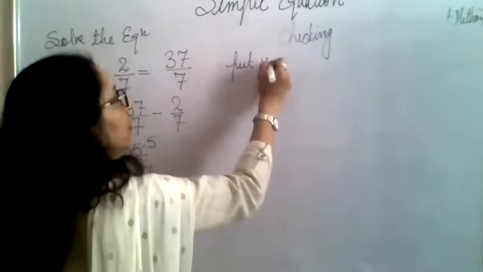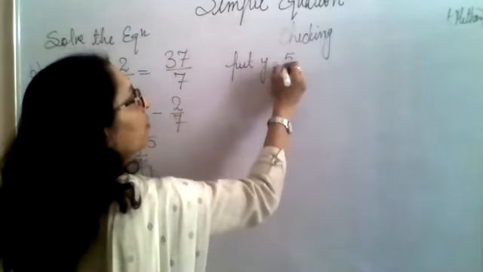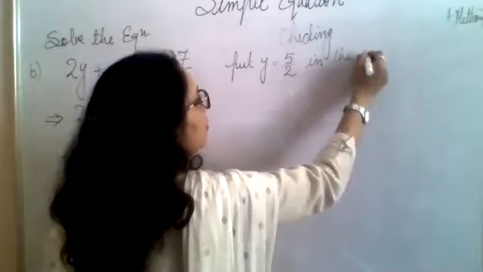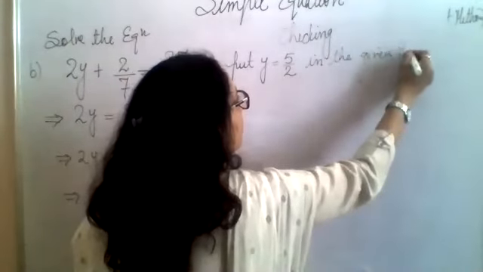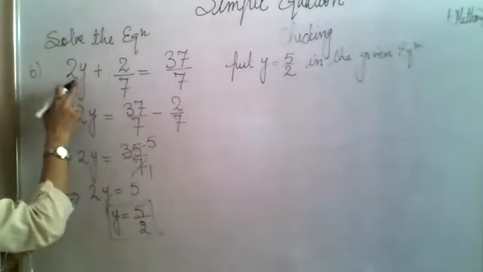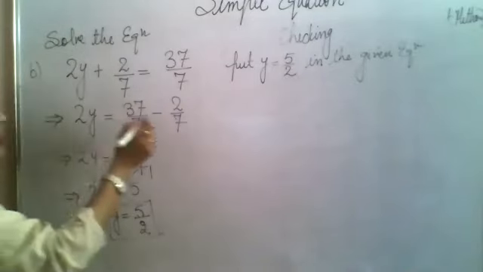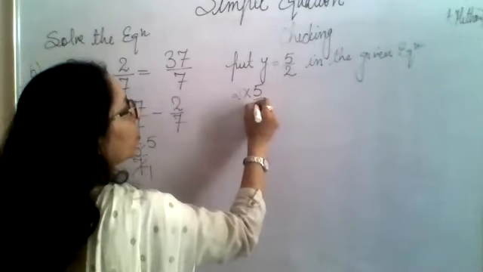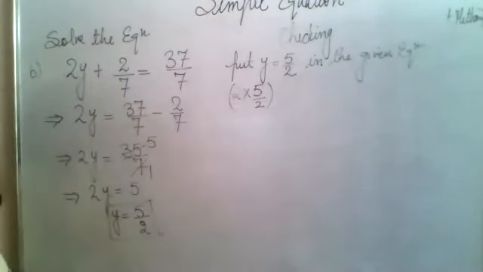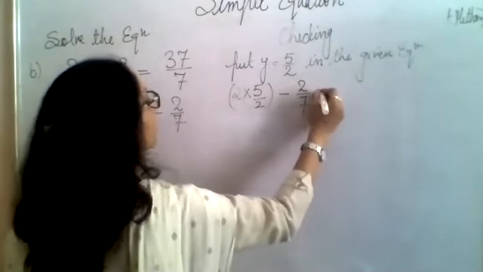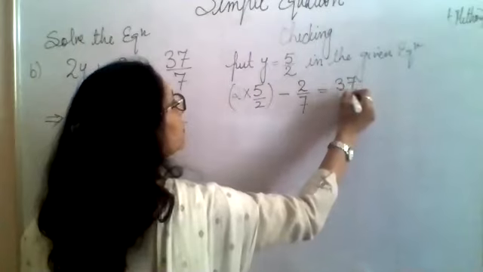Put y is equal to 5 upon 2 in the given equation. 2y, value of y you will write in multiply: 2 into 5 upon 2, then plus 2 upon 7 equal to 37 upon 7.